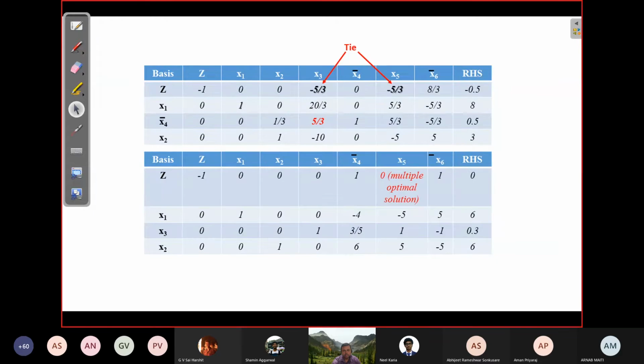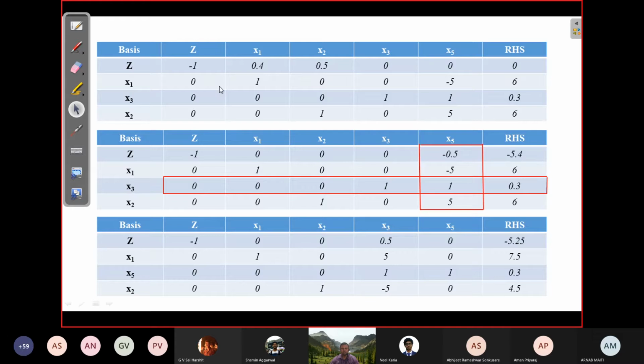Now, in phase 2, what do you do? You take this table as the initial table for phase 2, but you have to change the objective, because here you have to consider the real objective function, which is 0.4 x1 plus 0.5 x2, right? So I have written this. Now I have to do a slight modification in this objective row.